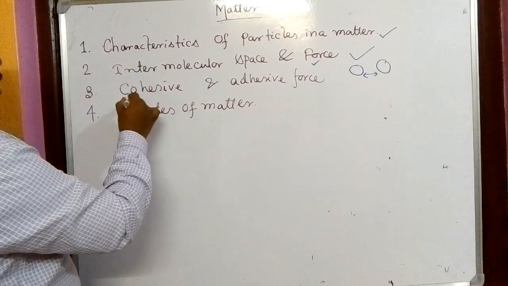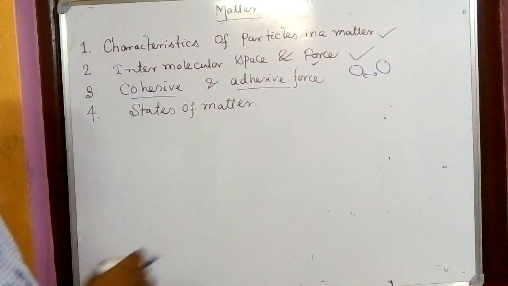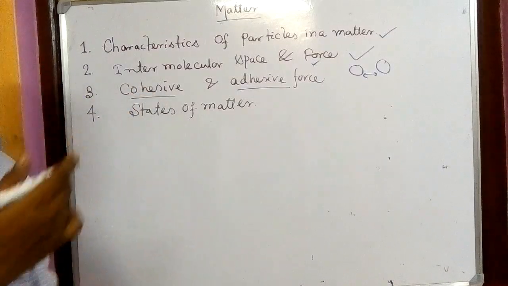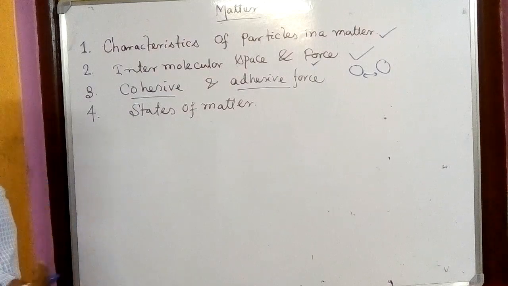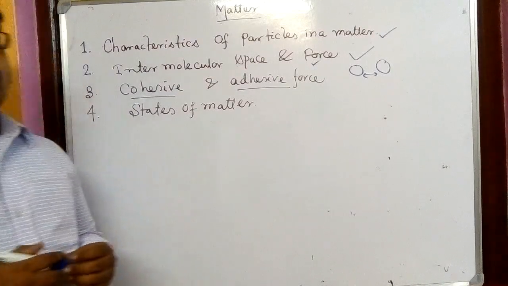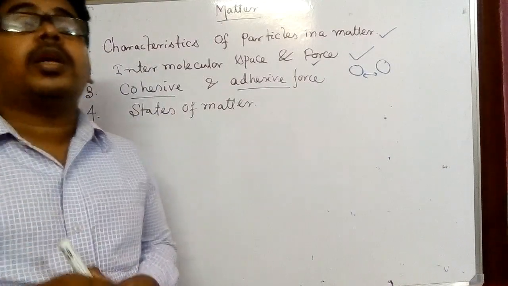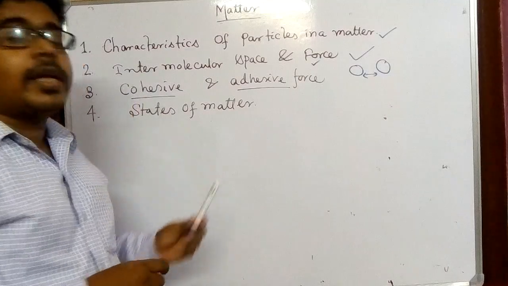Now we are coming to the next part, cohesive and adhesive force. That also we have learned in the previous class. Cohesive force is the attraction force between two same kind of molecules. If I am talking about the attraction between two water molecules, that is cohesive force.